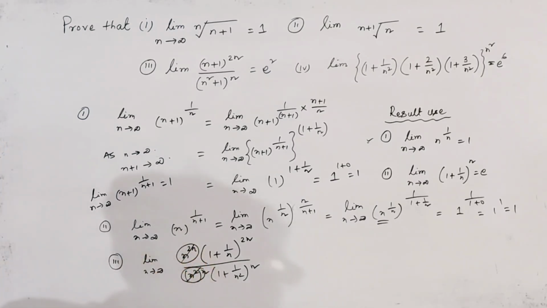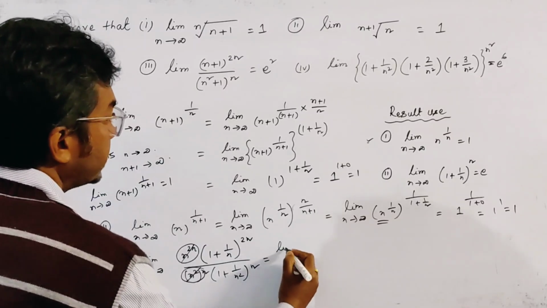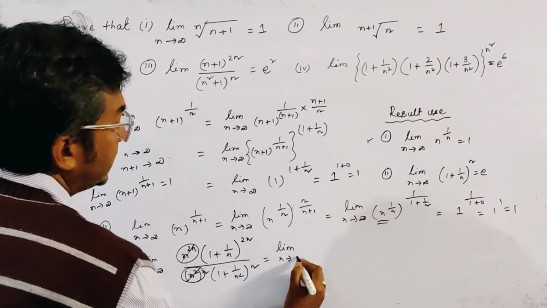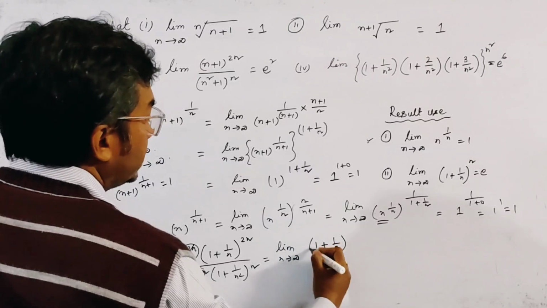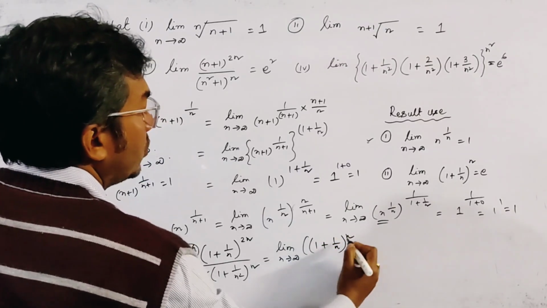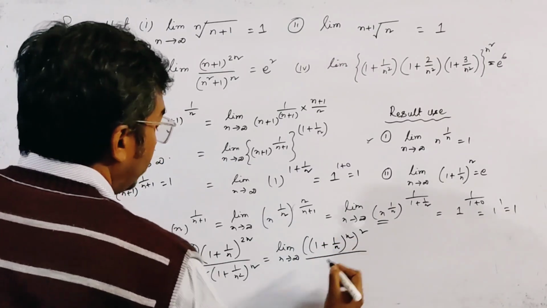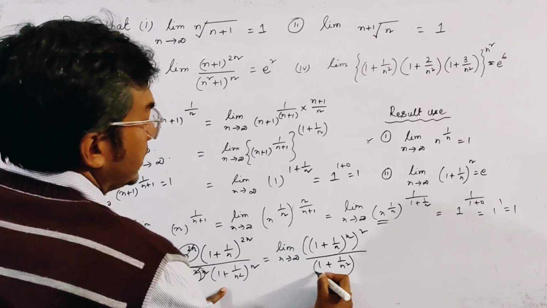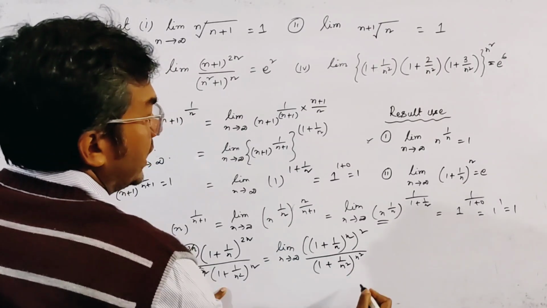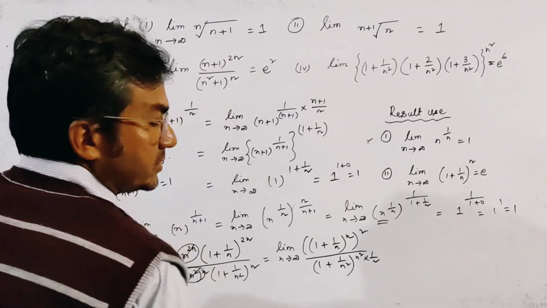We cancel out n to the power 2n from numerator and denominator, and write the result as limit n tends to infinity, 1 plus 1 by n to the power n, whole to the power 2, divided by 1 plus 1 by n square to the power n square, whole to the power 1 by n.